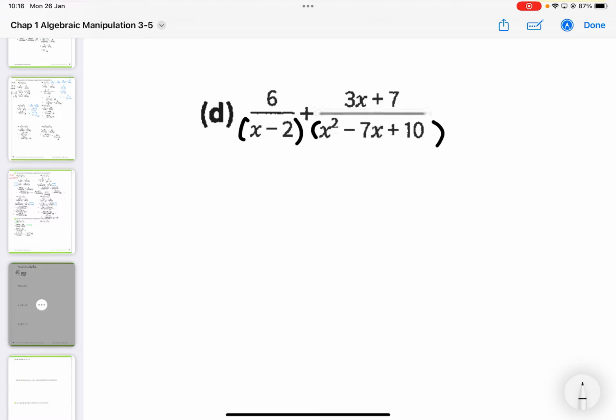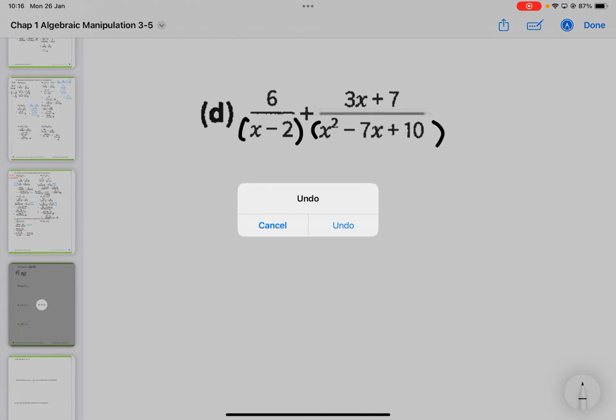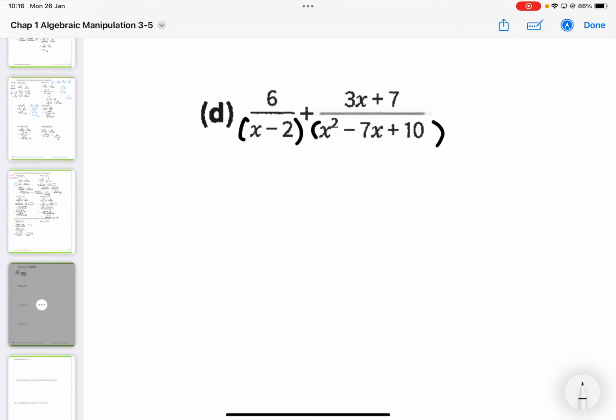Then I must be thinking, I want to add fraction, I need common denominator. But now they don't look common at all. So I must be thinking, I need to factorize this. This can be factorized into bracket times bracket. So I want to factorize this into a bracket, multiply another bracket.